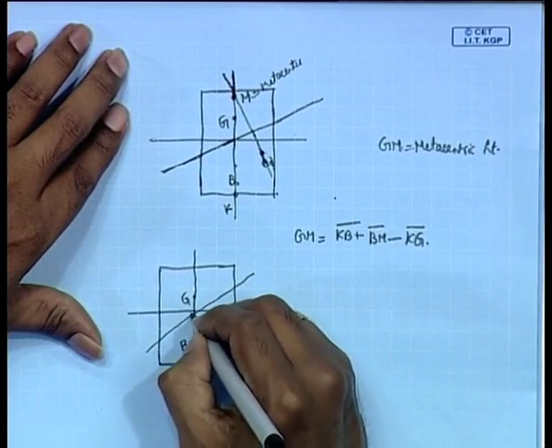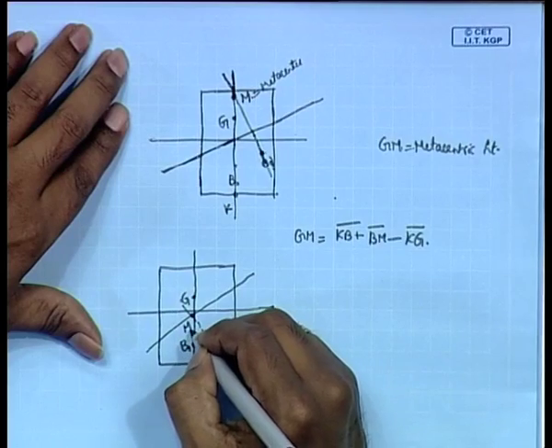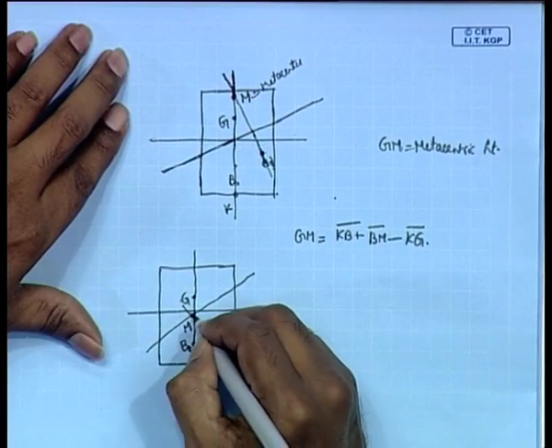Suppose the vertical meets it here, B0 M G.